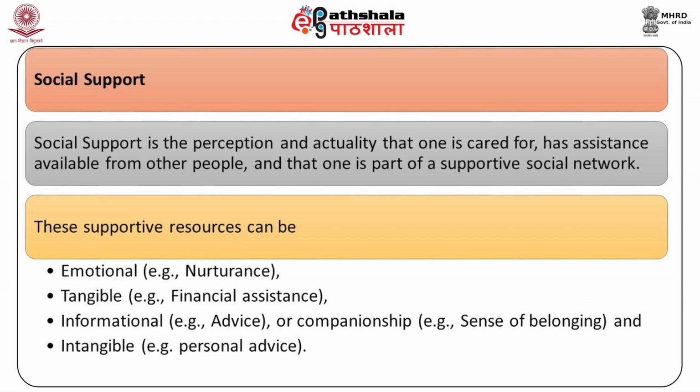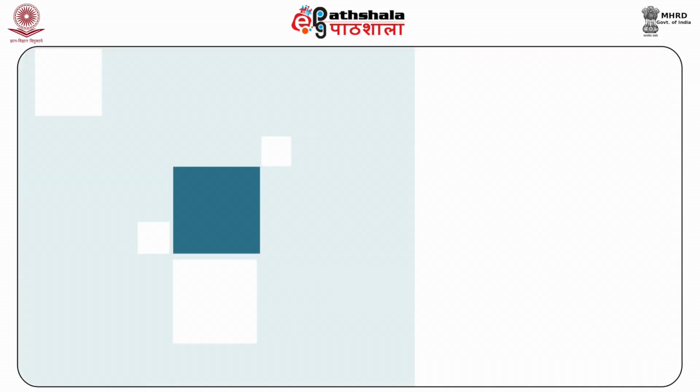These supportive resources can be emotional, for example, nurturance. They are tangible, for example, financial assistance. They can be informational, for example, advice, or could be companionship, for example, the sense of belongingness. They could also be intangible, for example, personal advice.